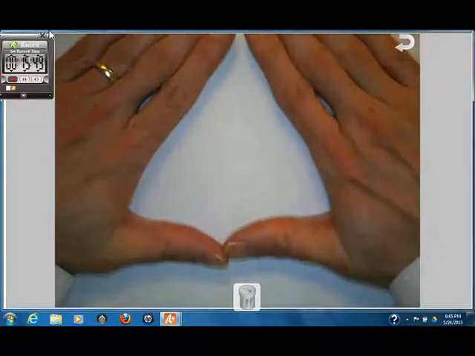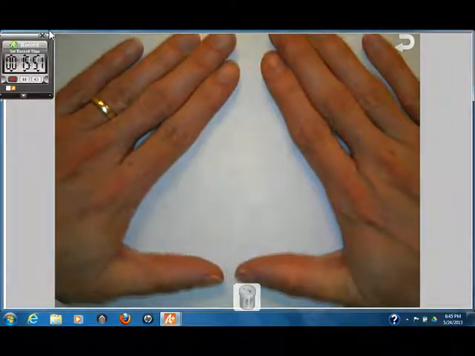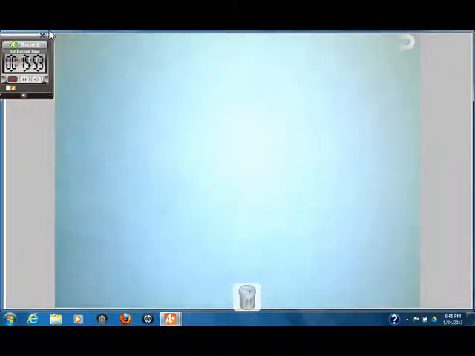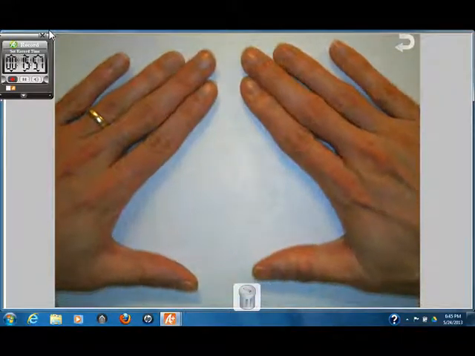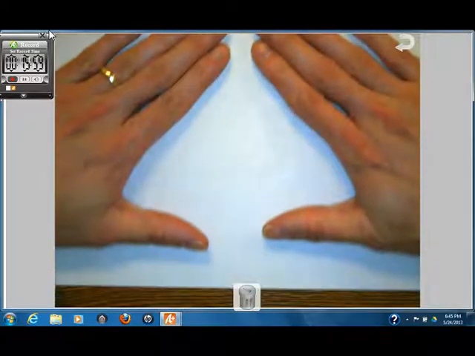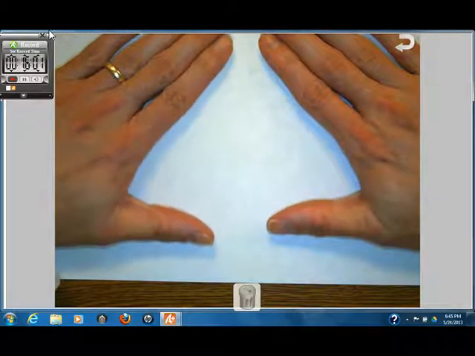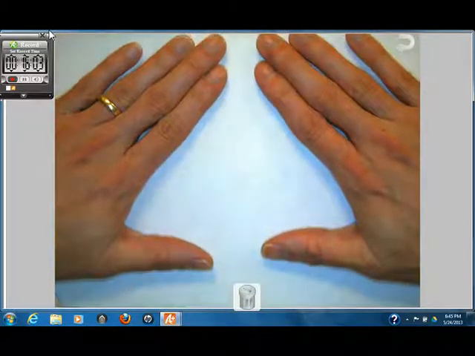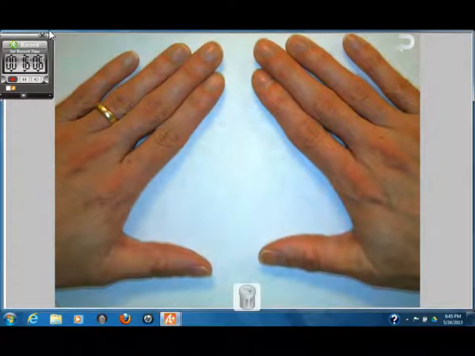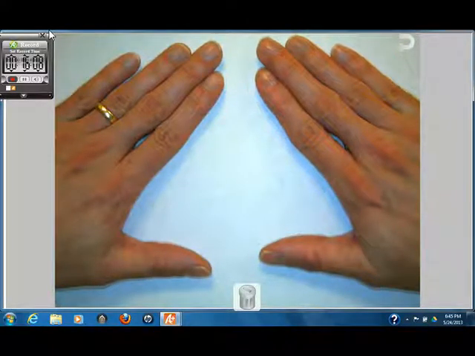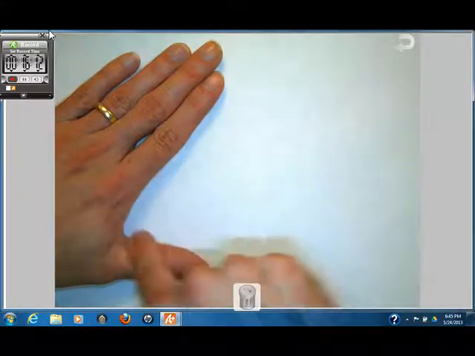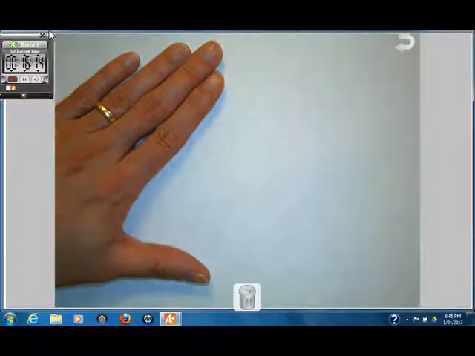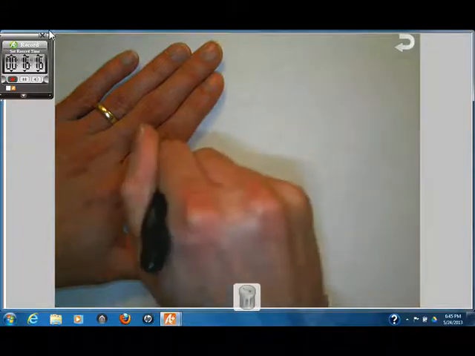My left hand makes an L between the index finger and the thumb. Now, if I look at the same L, it looks like the less than sign. So, left hand, less than. Okay. If I do my right hand, and I'm not very good at drawing with my right hand, so this is going to look horrible.